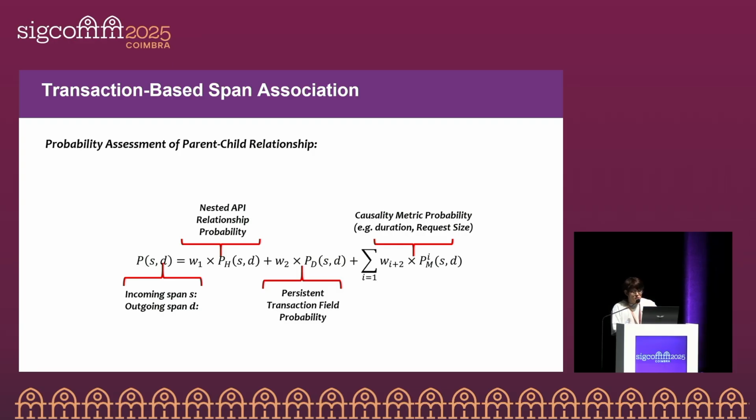Furthermore, since not all parent-child request pairs will contain usable transaction information, we also incorporate the distributions of causality-related metrics to assess the parent-child probability. But this aspect is not the main focus of our work.